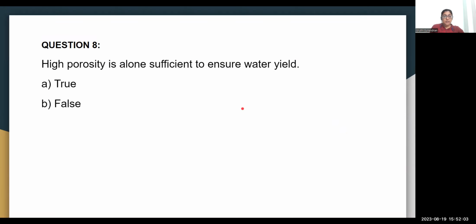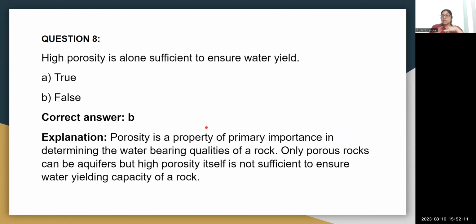So again, porosity is just one of the properties of an aquifer. There are various properties to an aquifer. Porosity is one. But just knowing if the material is highly porous or not is not enough to ensure whether the water yield will be good or not.